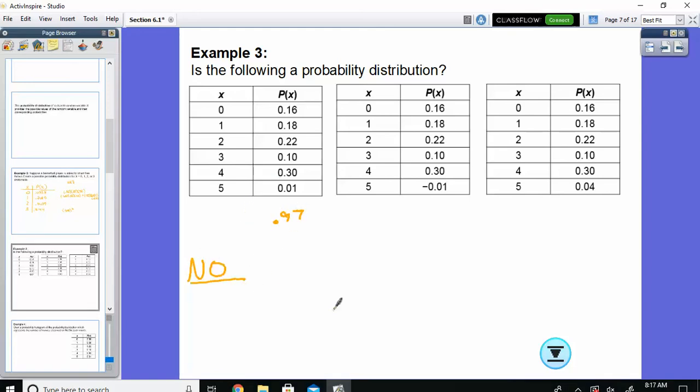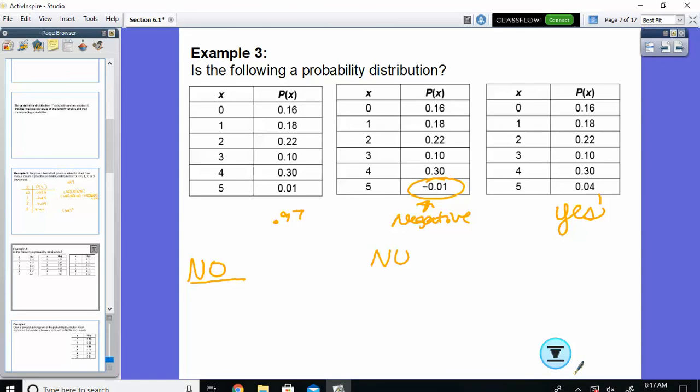No. Alright, what about this one? Why? I can't have a negative value. Alright, what about this last one? Yes. If you add those up, they add up to 1. So a probability distribution has to add up to 1. You cannot have a probability smaller than 0 or bigger than 1.